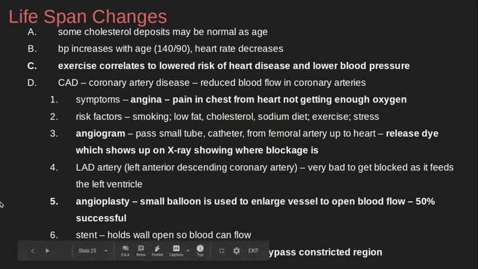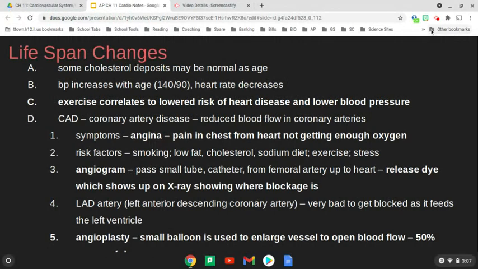They can obviously put stents in. And coronary bypass surgery, they use a vein to bypass the area that's blocked or constricted. And I believe that is the end of the notes.